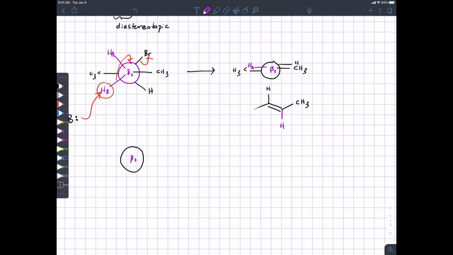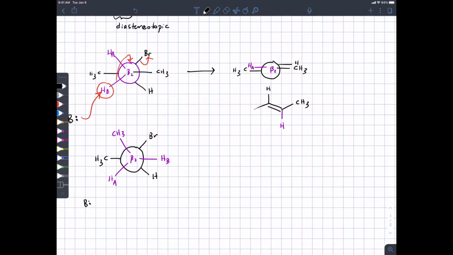So here's beta carbon 2. Here's HA. HB would now be here. And the methyl group would now be here. In the back, we're leaving that carbon unchanged. So here is the bromo group, and here is the other hydrogen on the back carbon.